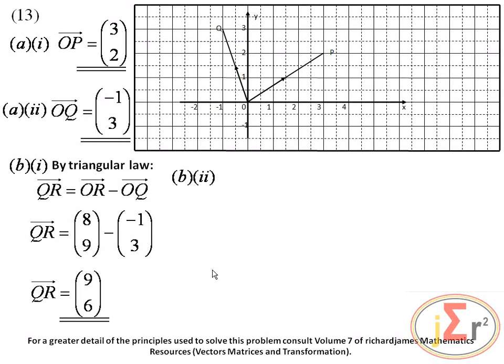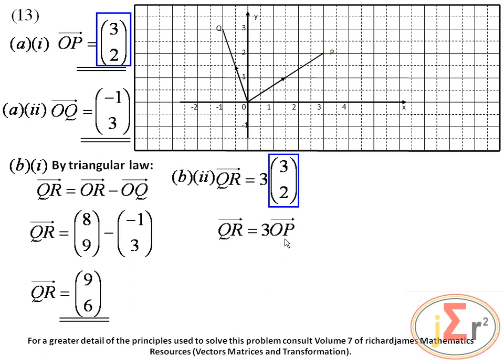Now we need to show that OP is parallel to QR. So we have QR. QR may be written if we take a factor of 3. So 3 into 9 is 3 and 3 into 6 is 2. So QR is 3 times (3, 2), which is of course 3 times OP.